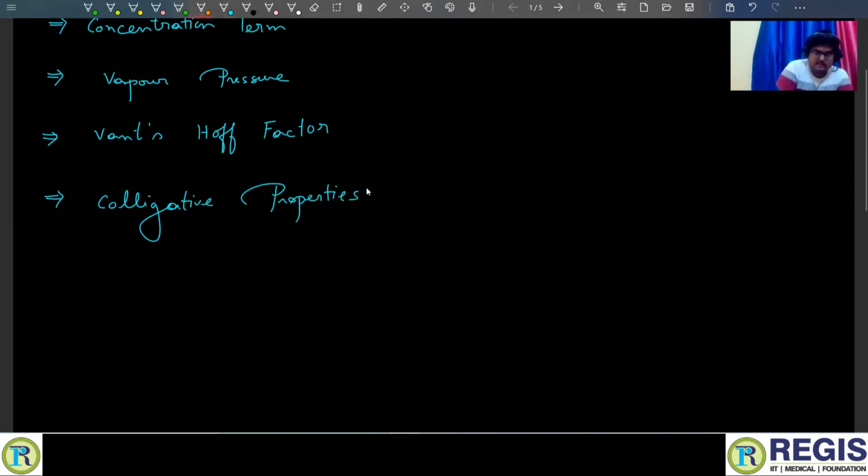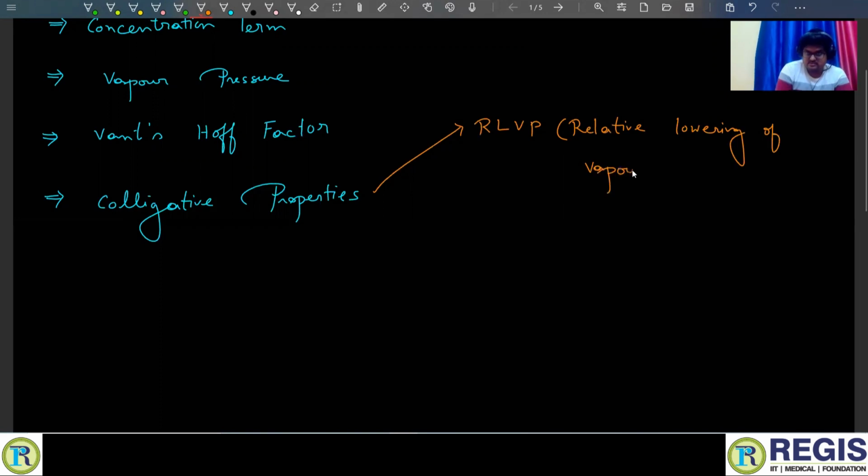Now, in colligative properties, four colligative properties are there. First is RLVP. What is RLVP? Relative lowering of vapour pressure. Second is elevation of boiling point.